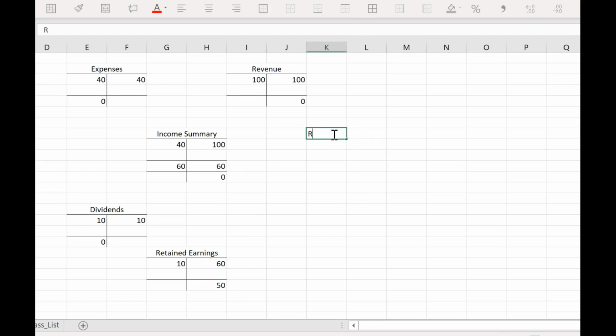So let's say my retained earnings at the beginning is 0, okay? So it would be increasing with revenue by 100. It would be decreasing by expenses 40, right? Remember?